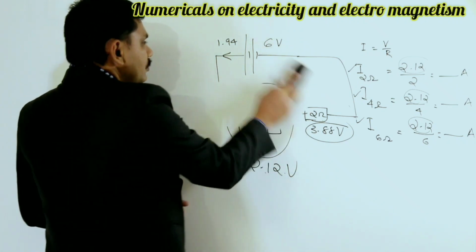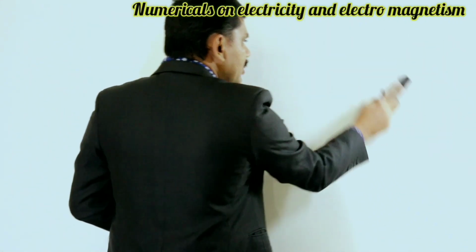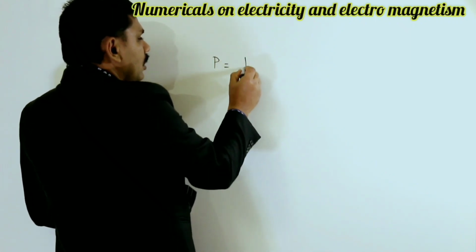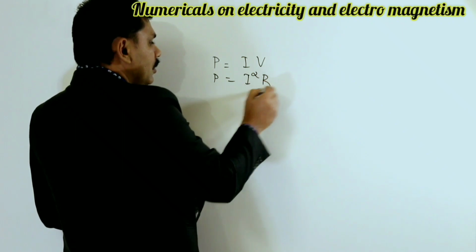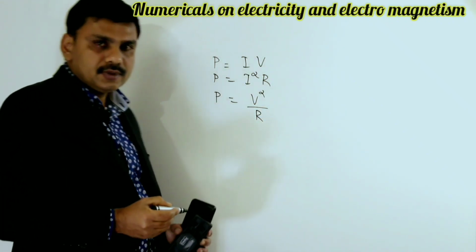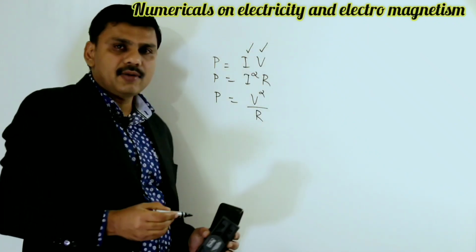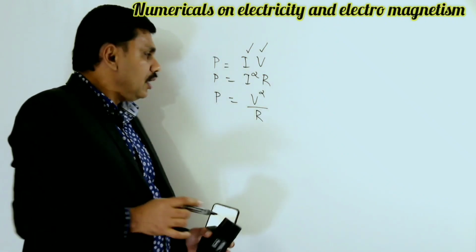Then you learned about electric power. For calculating electric power, there are three equations. P equal to IV, P equal to I square R, P equal to V square by R. In the question, if the current and voltage are given, you can calculate the electric power by just multiplying them.